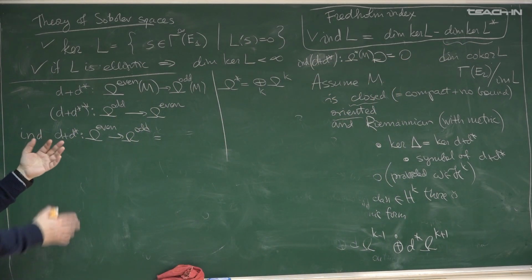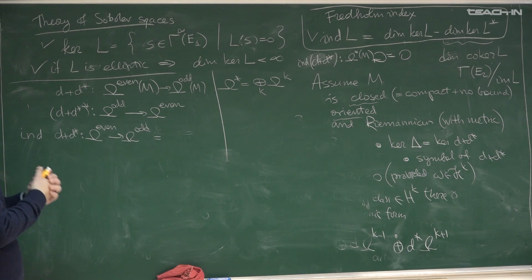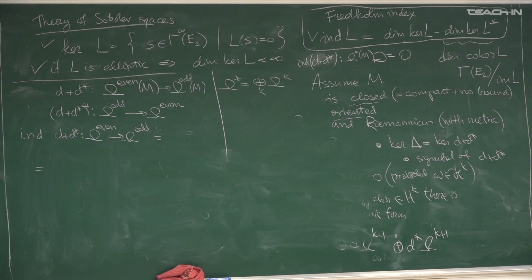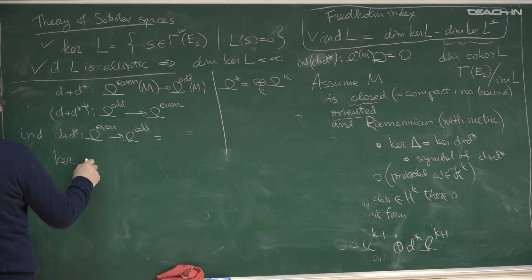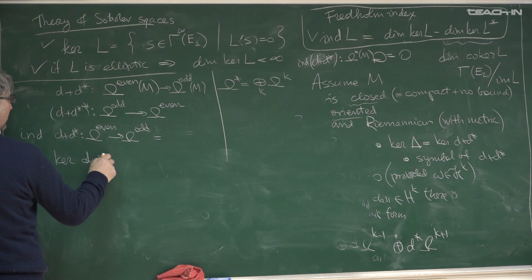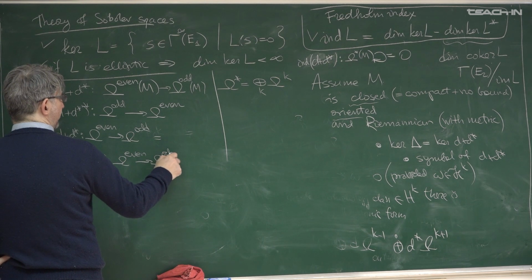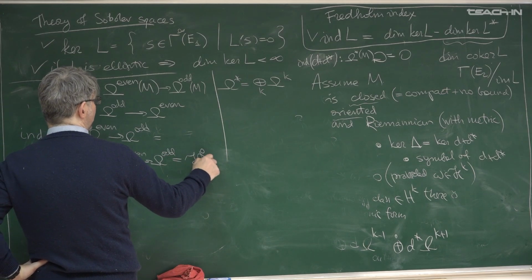So, of what things does the kernel of this operator consist? It consists of forms of even degree which are set to 0 and of odd degree. The kernel of d plus d star, which works from even to odd, is just harmonic forms of even degree.